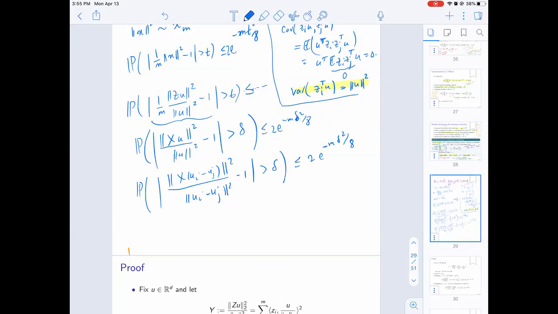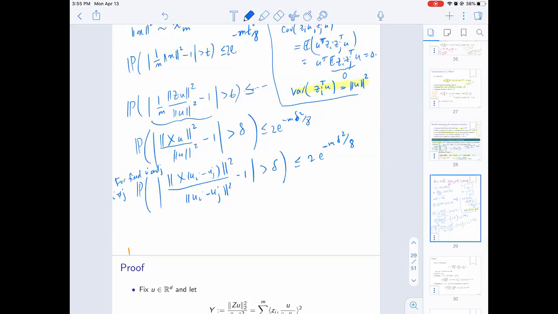Okay, so this holds for any fixed i and j, as long as ui is not equal to uj, so i is not equal to j. Otherwise, I'm dividing by 0. Okay, this makes sense to people? Yes, to everyone.